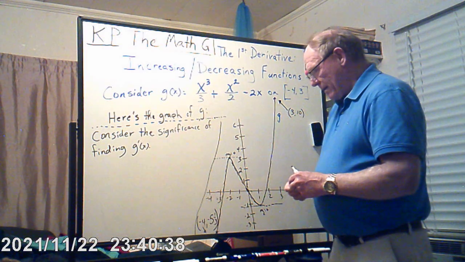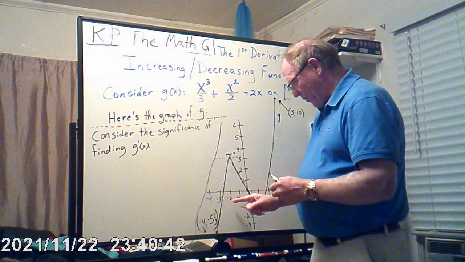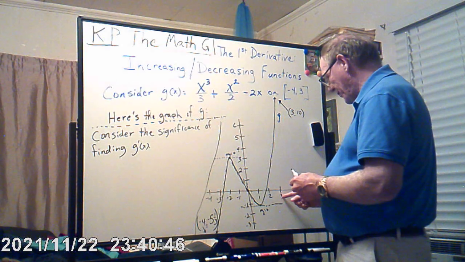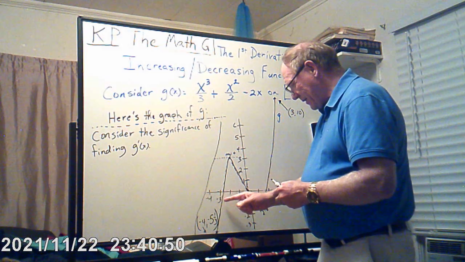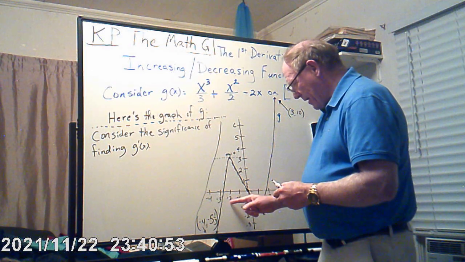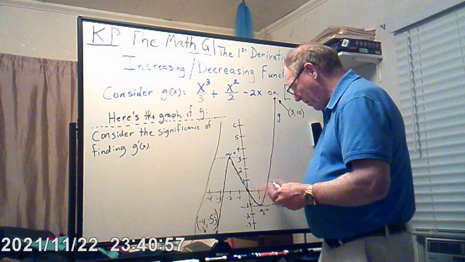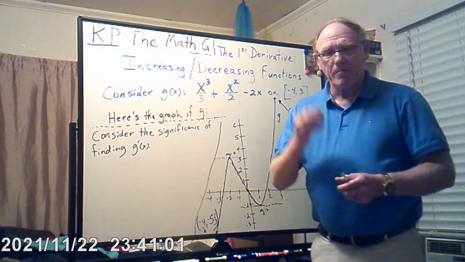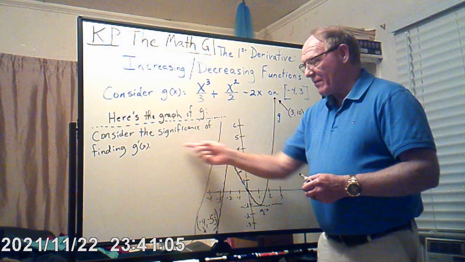All right, and if we look at this, G is increasing from -4 to -2, also increasing from 1 to 3, but it's decreasing from -2 to 1. That's where those horizontal tangents are. Do you see that? Okay, so that's what we want to do. We want to see the significance behind it.